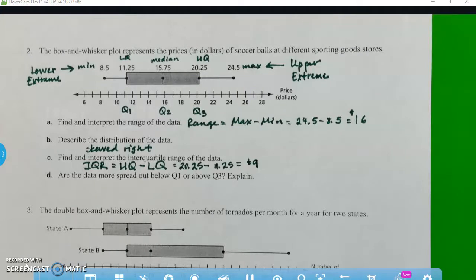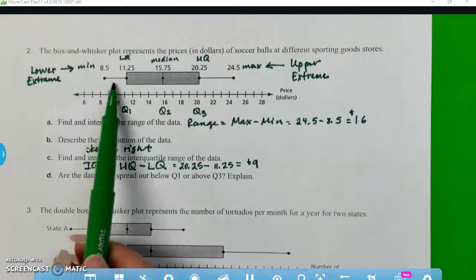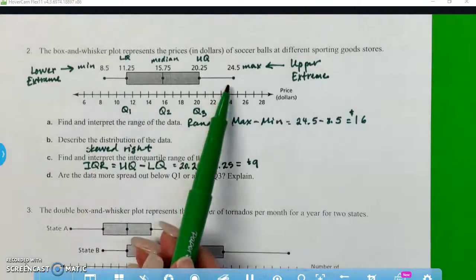And point D, are the data most spread out below Q1 or above Q3? This particular question again goes back to the skewness of our data. So on the left side, our whisker is smaller than the right side.